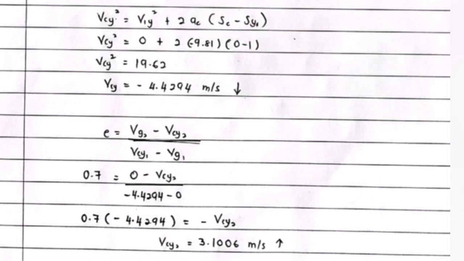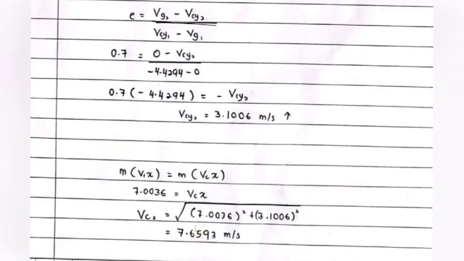The second step is we use the coefficient of restitution formula. We write it as e = (vG2 − vCy2) / (vCy1 − vG1). Then we insert the values to find vCy2, and we get 3.1006 meters per second, which is upward.